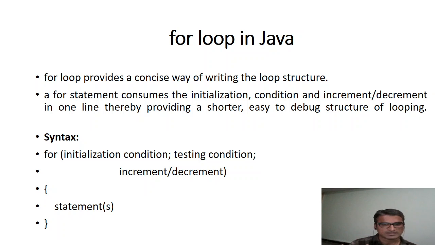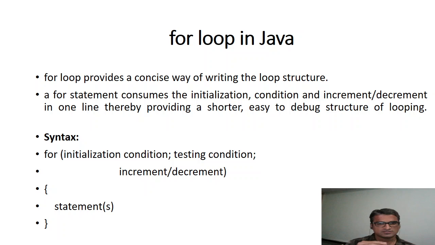Okay, we have one example program. So initialization is used to assign one initial value to the for loop variable. Then in the testing condition we will test that condition again and again until the condition becomes false. Then increment or decrement: now we have to go from 0 to 1.